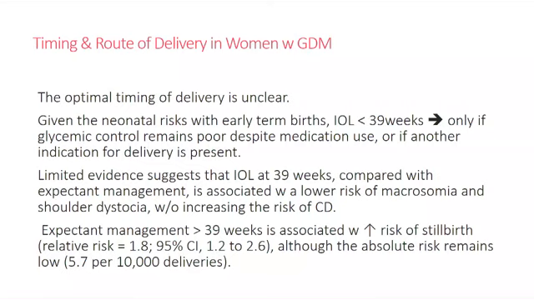I had one lady who was diagnosed with gestational diabetes, and she required insulin, and she had a prior C-section. So the plan for her was to have another C-section.